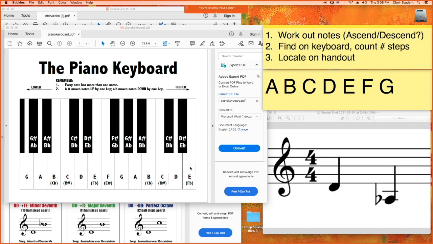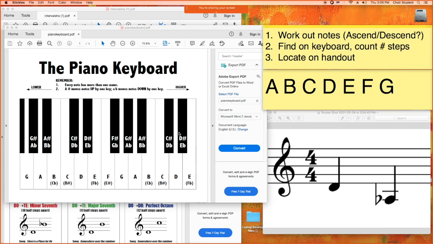Now I'm going to the keyboard. My D is higher than my A flat, so I'm going to be descending. Here's D. D is ground 0, right? So this is 0.